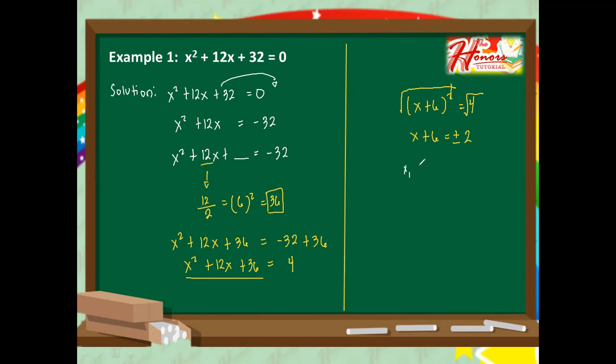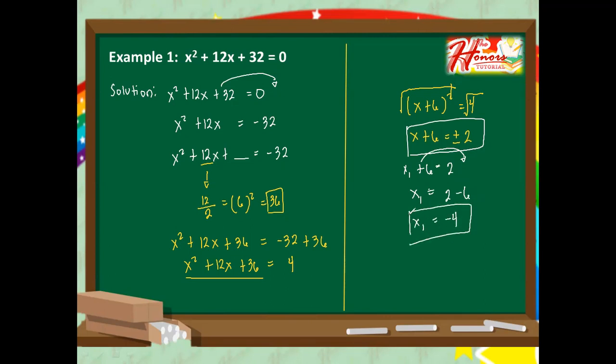So x sub 1 plus 6 equals, let's rely on this, x plus 6 equals positive negative 2. Let's have positive 2 first, and then let's have x sub 1 equals, let's transpose positive 6 at the right side of the equation, then it is 2 minus 6. So x sub 1 is equal to negative 4.